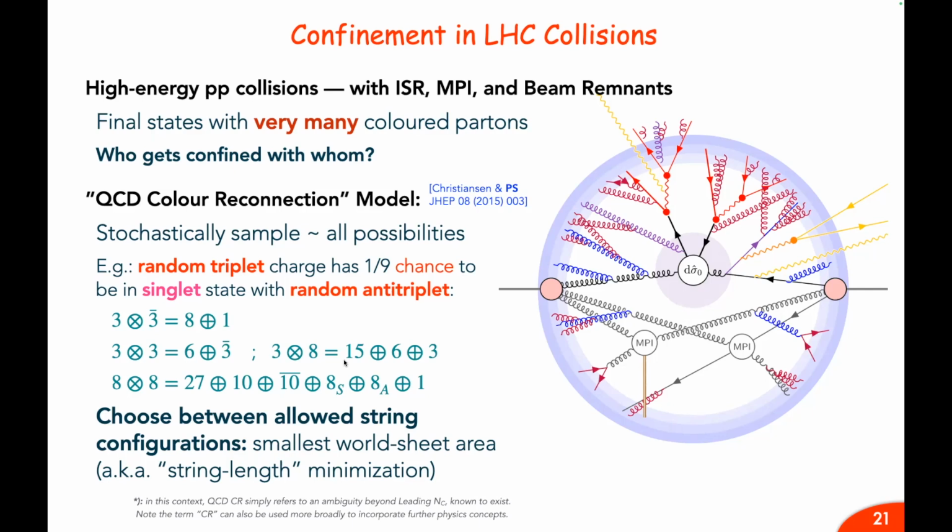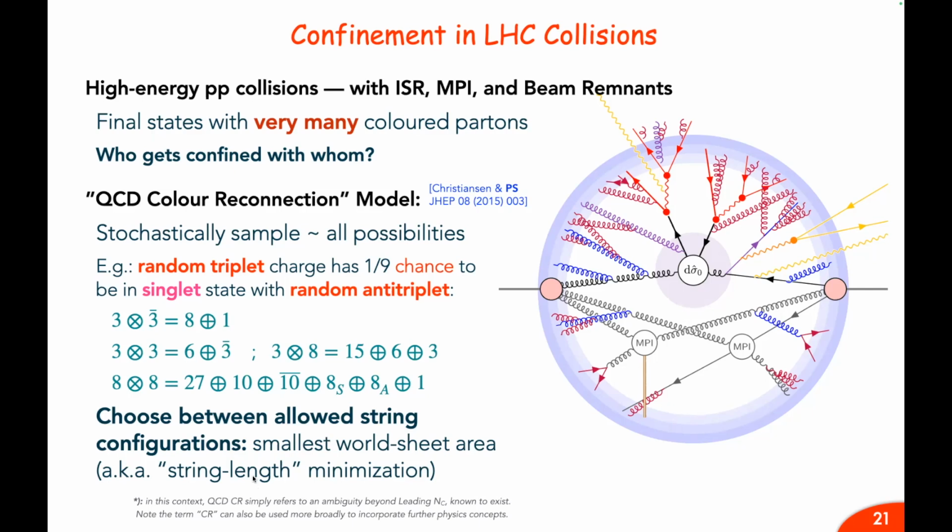Then you have lots of different possibilities. So I've got quarks that are connected in leading color, but they also have some other options available to them through this mechanism here. Which one are you going to choose? So now you have lots of different string topologies you could make. You have to have a selection principle. And of course, that's going to be the area law from string theory, that you want to pick the minimal space-time area of the topology that you make.